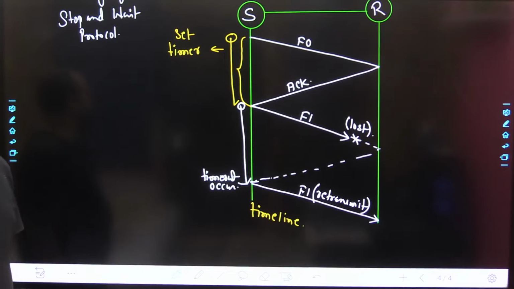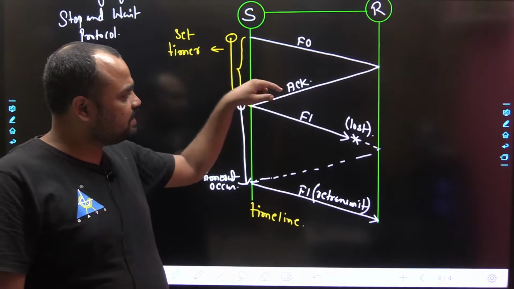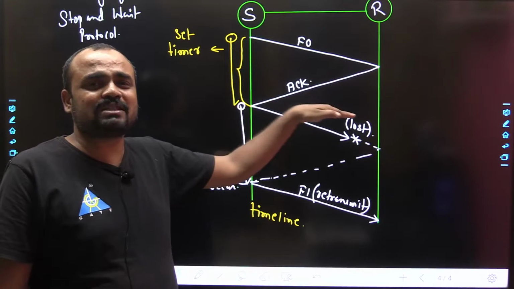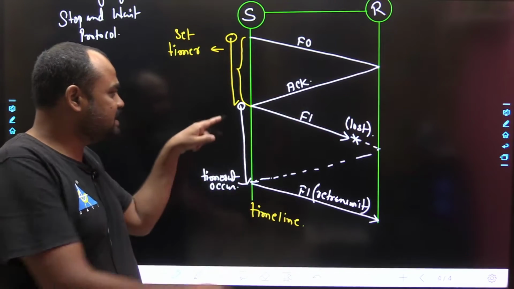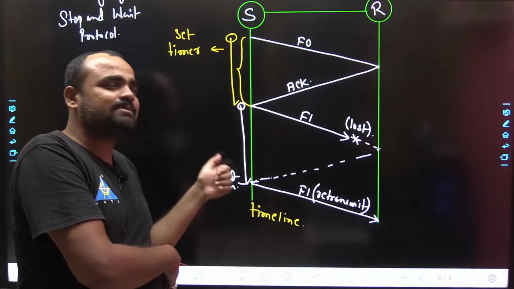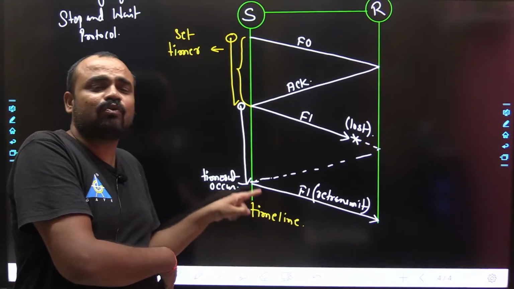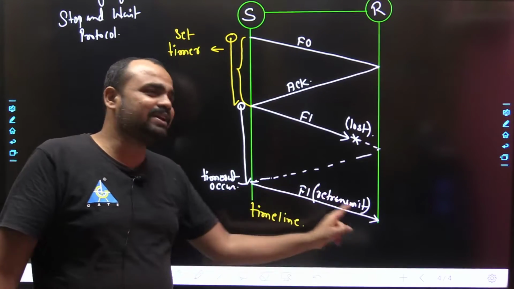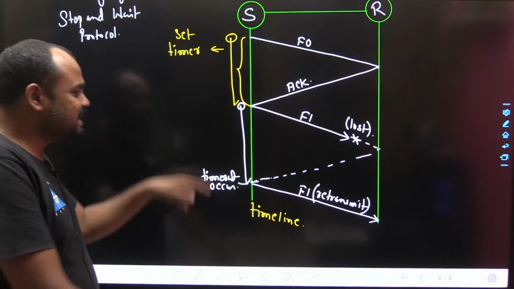So in this situation, this frame F1 is simply transmitted, and since within the timeout the acknowledgement is not received by the sender, after the timeout the sender will retransmit the frame. So why are we setting up the timer?